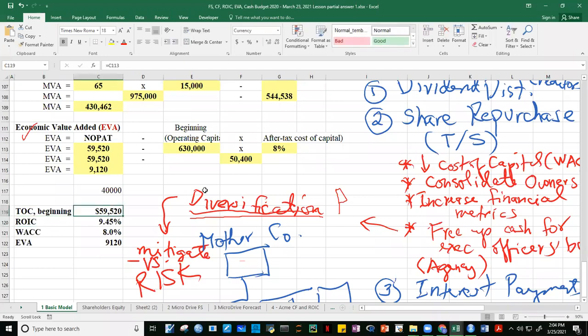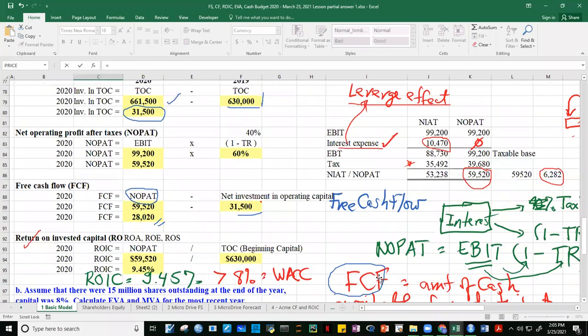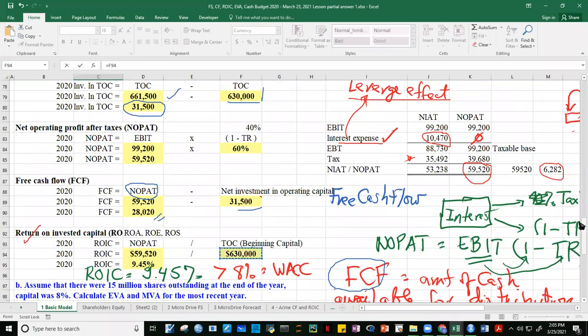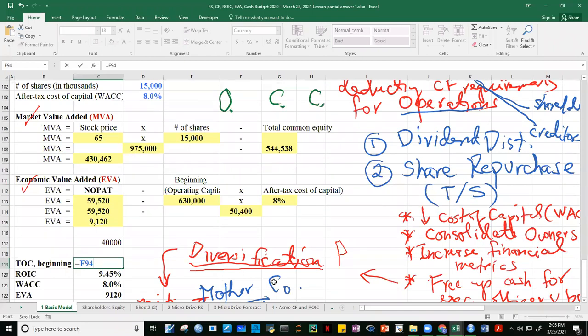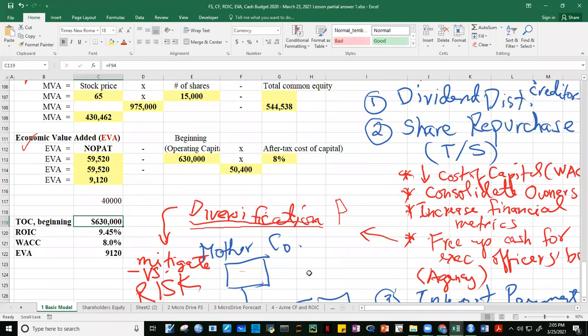Okay, let's repeat. We were given the TOC of 630. That's clear, right? TOC at the beginning of the period was 630. What we earned on it is 9.45%. The cost of using this capital is 8%.